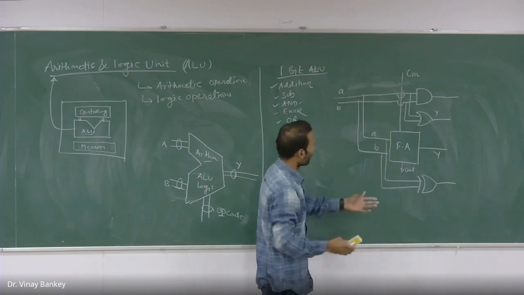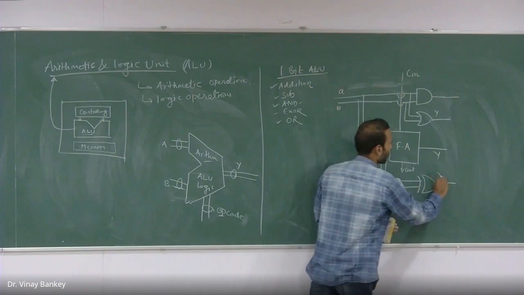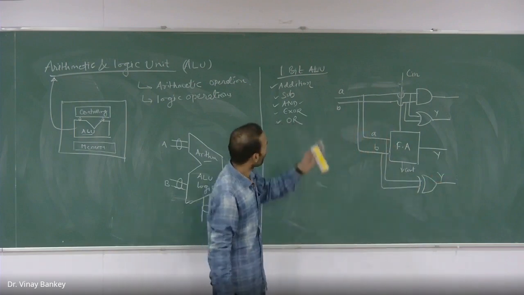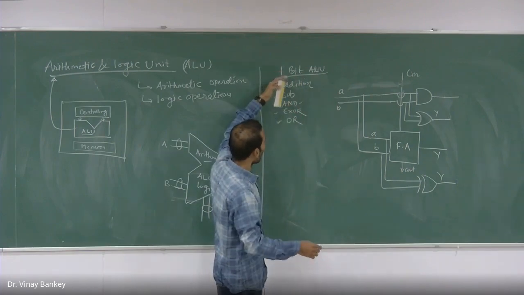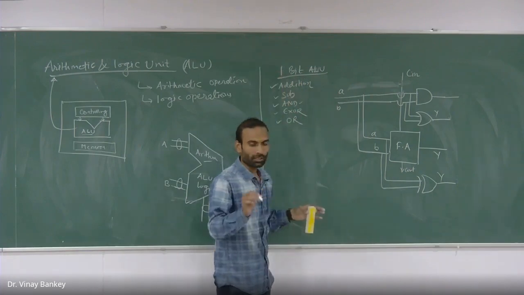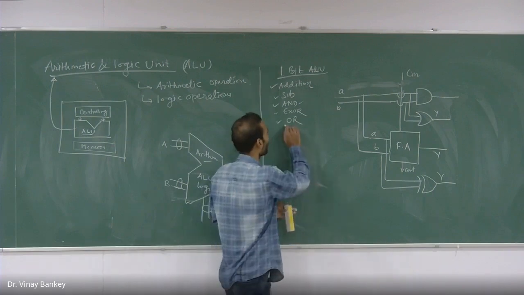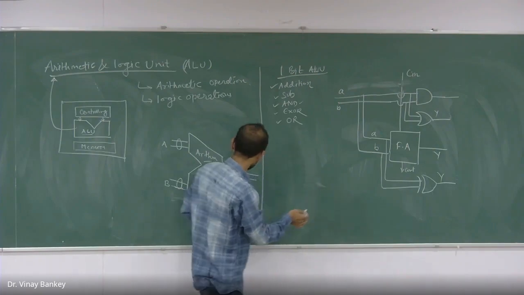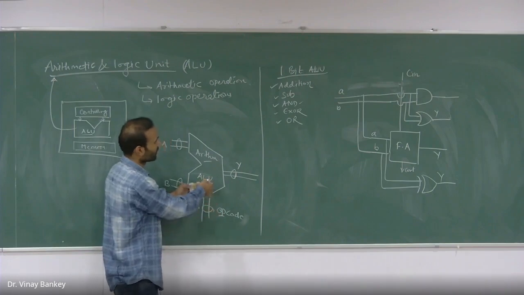Now see, to select any one of these outputs, what do you need? Multiplexer. Because this is my ALU, but I don't want all these operations at one time. At a particular time instant, I want only one operation. Let's suppose I want XOR operation. So I will feed the data accordingly at this opcode and say perform this operation.